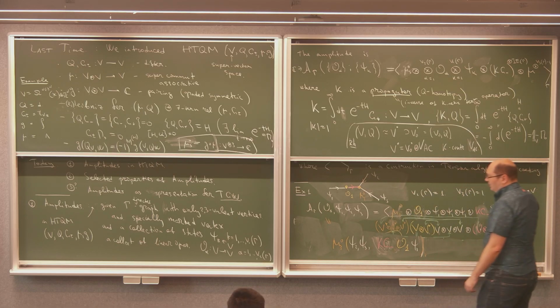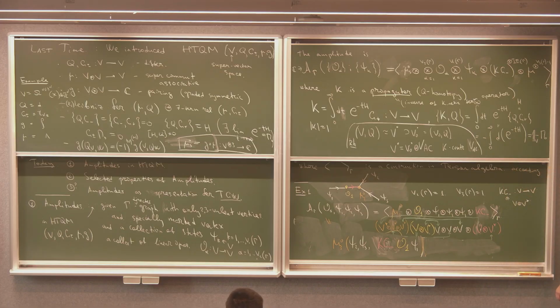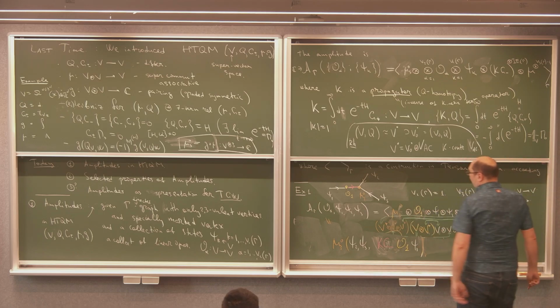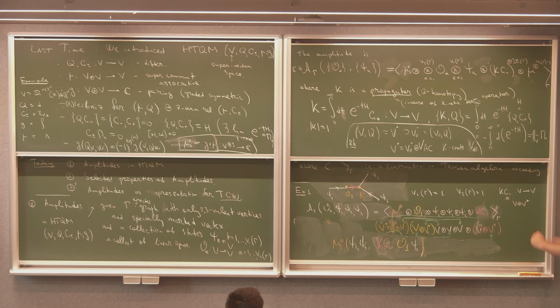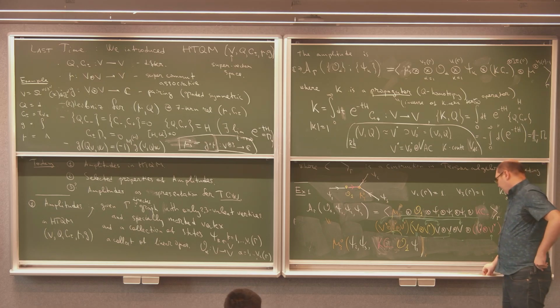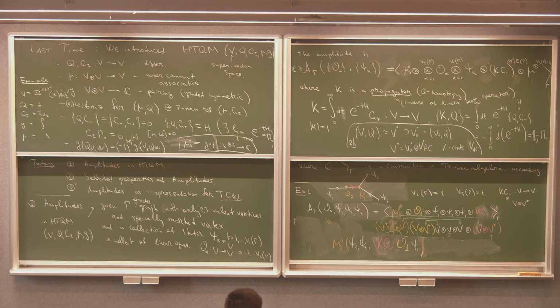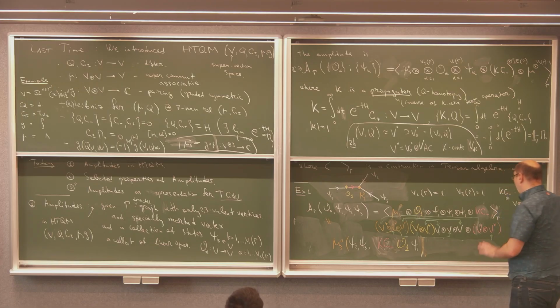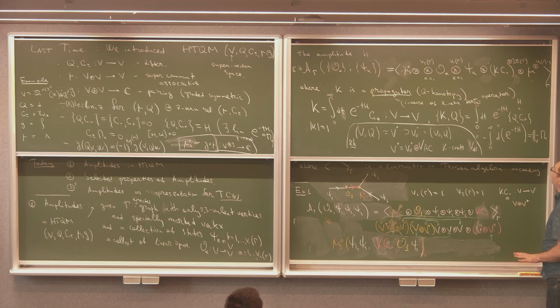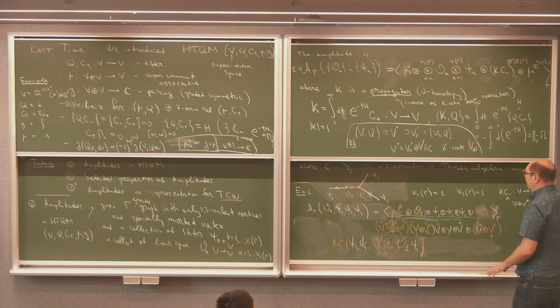With this formula, the best we can hope for is some complicated recursive definition, while with this pairing we can give a definition of the object itself, not as a recursion over some subgraphs. Okay, so I hope with these examples it is clear how to compute an amplitude given this data.